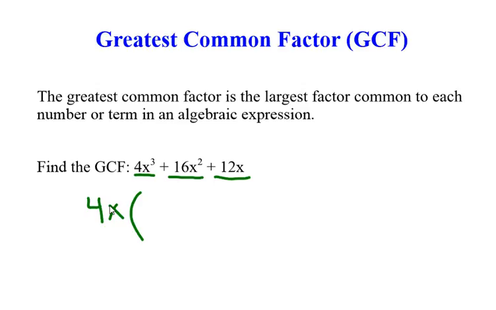Factoring out is like dividing. 4x cubed divided by 4x would leave us with just x squared. 16x squared divided by 4x would leave us with positive 4x. And 12x divided by 4x would leave us with positive 3.